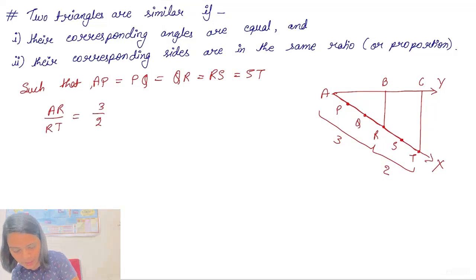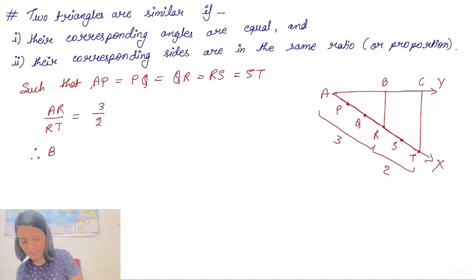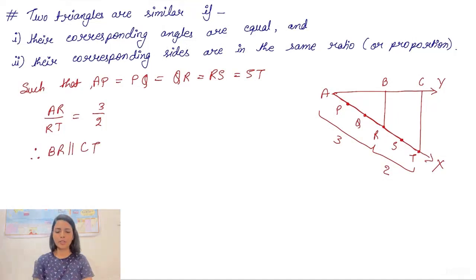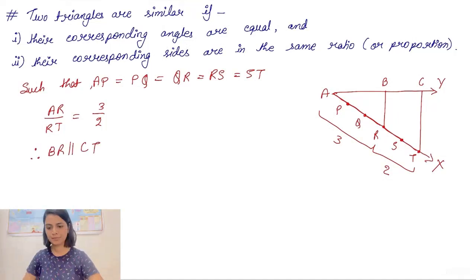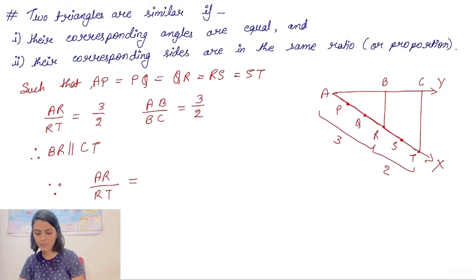Again, we have drawn a parallel line, that is BR is parallel to CT. These two are parallel lines, and we have drawn them on AY. So AY will be divided in the same ratio, that is AB upon BC will be in the ratio in which AR and RT are divided, that is 3 by 2. Since AR upon RT is equal to AB upon BC, it has been proved.